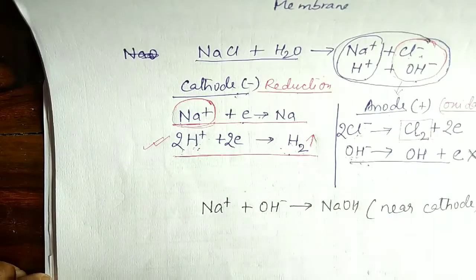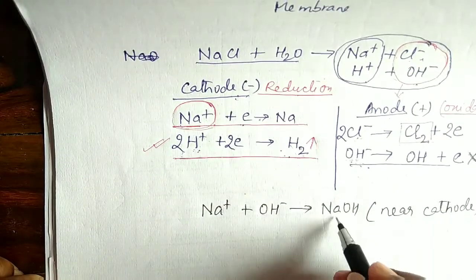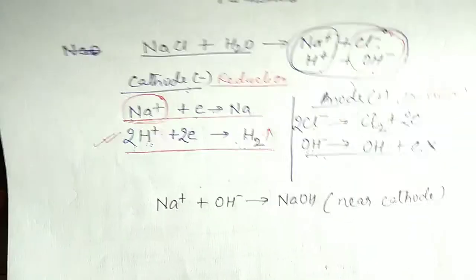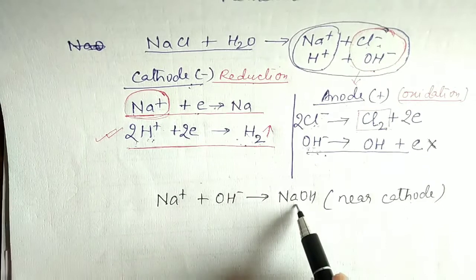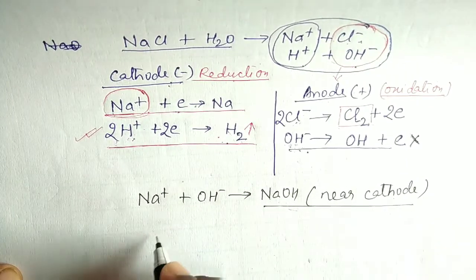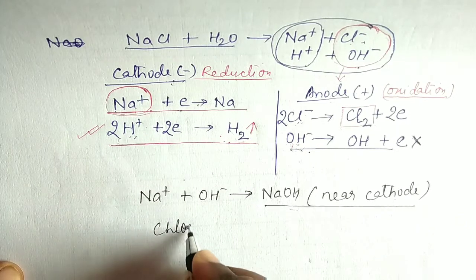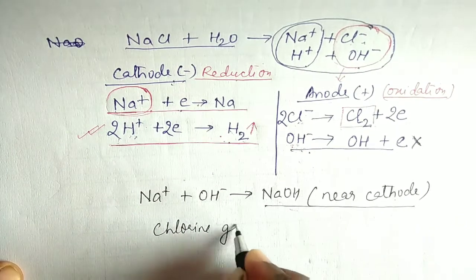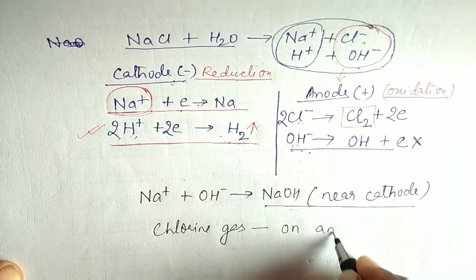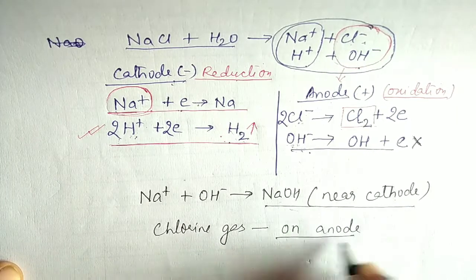So what are the products formed? The products formed are NaOH near the cathode. This is more important. See here: NaOH is formed near the cathode.